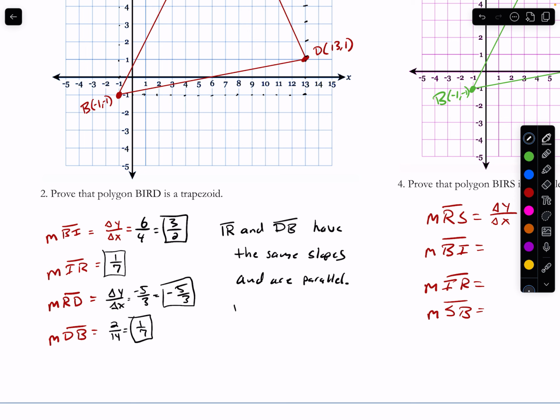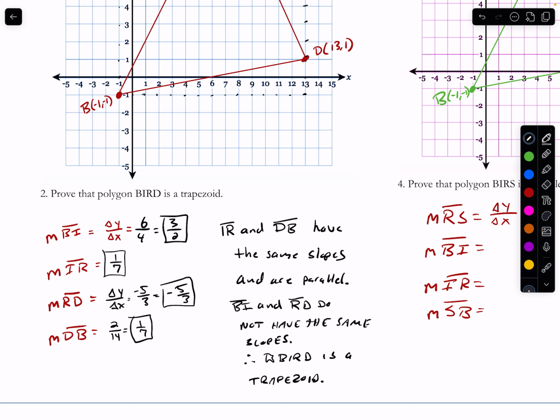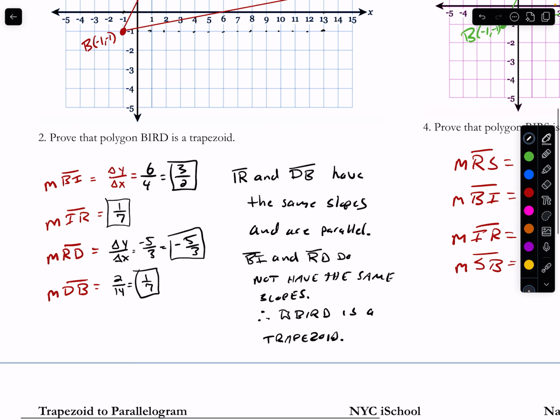So you can say that BI and RD do not have the same slopes. Therefore, you can say polygon BIRD is a trapezoid. If you want to get really fancy, you can say because trapezoids have exactly one set of parallel lines.